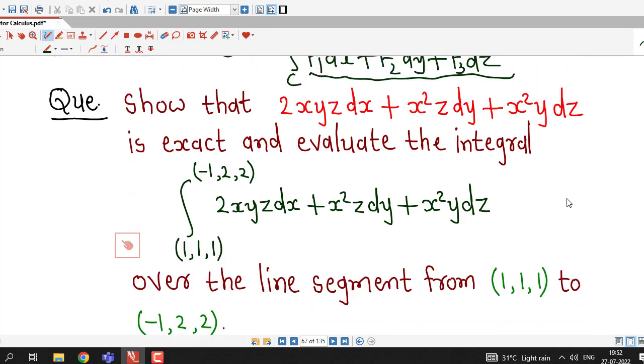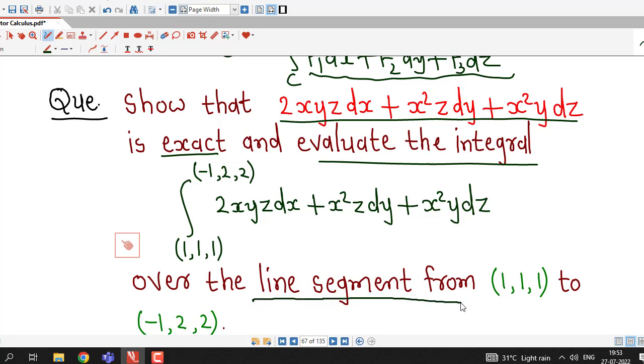The question: show that 2xyz dx plus x square z dy plus x square y dz is exact, and evaluate the integral between the two points (1, 1, 1) and (-1, 2, 2) over the line segment from this point to this point.